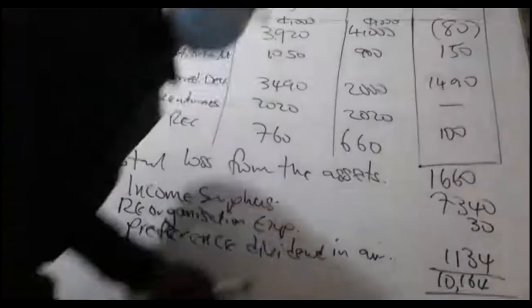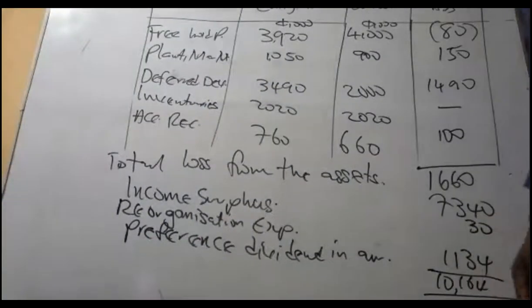So to answer this question, we have to bring the total loss per liquidation and compare it to the loss per what? The reconstruction. If they have to reconstruct, the total loss that they have to claim is 10,164. They have to claim 10,164 from their books. So from the previous lecture, what's the maximum loss per liquidation?